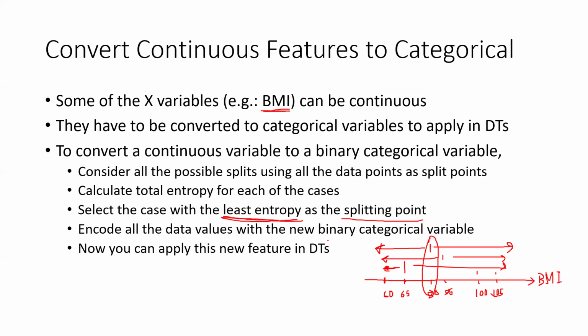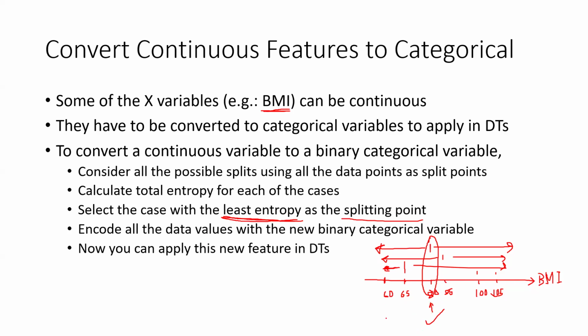And then once you have selected this particular splitting point, you encode all the data values. That means all the data values in the data set that are given as a continuous variable. So instead of having continuous values like 60, 65, and so on, you can have, in this case, binary values for each of these data points, right?